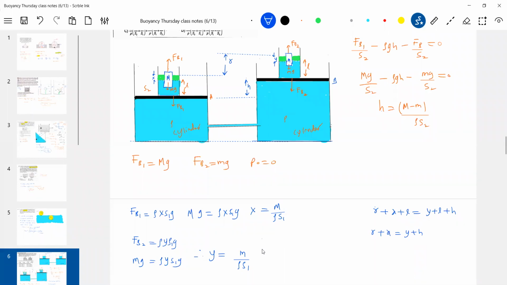Let me substitute all these things. So finally, we have to get an expression for R. So R plus what is X? M by rho S1. What is Y? Small m by rho S1. And what is H? M minus m by rho S2.